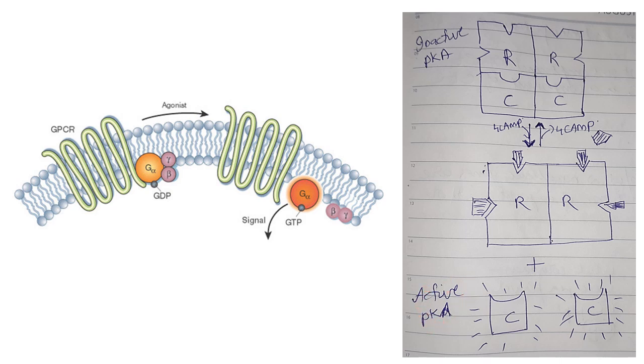Now what does the active PKA do? It will activate a molecule called cAMP responsive element binding protein or CREB, and it will phosphorylate it, which modulates gene transcription. So this is what is happening. Now we will see the question.